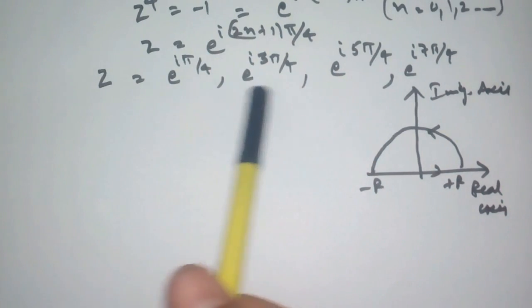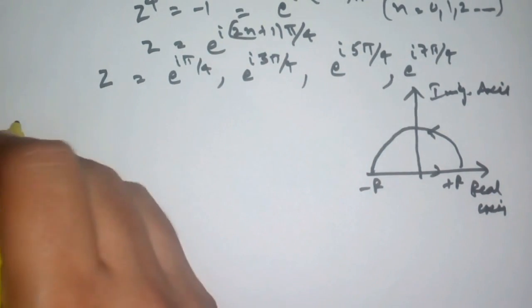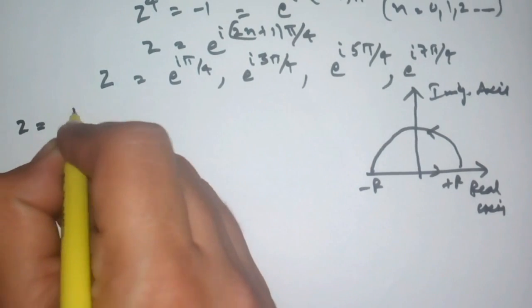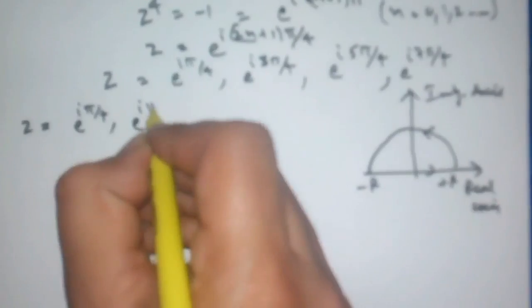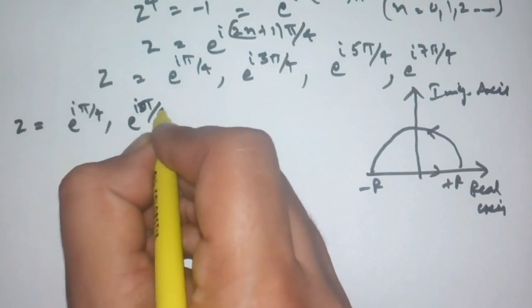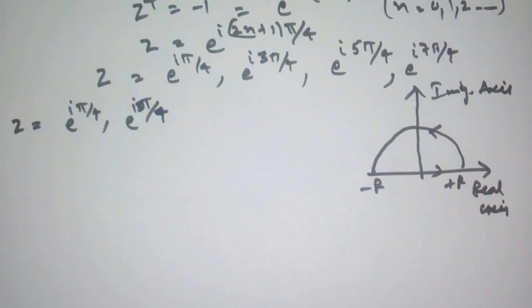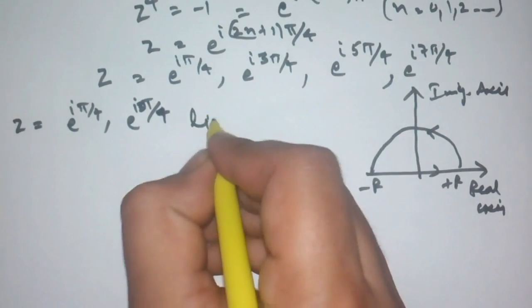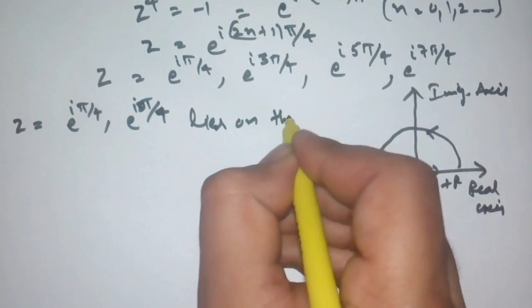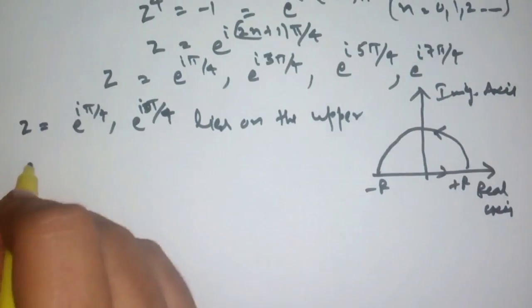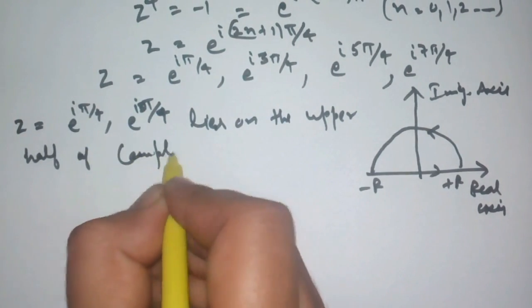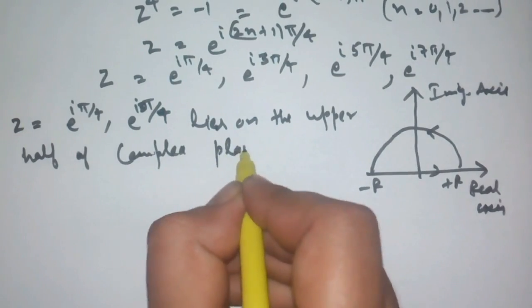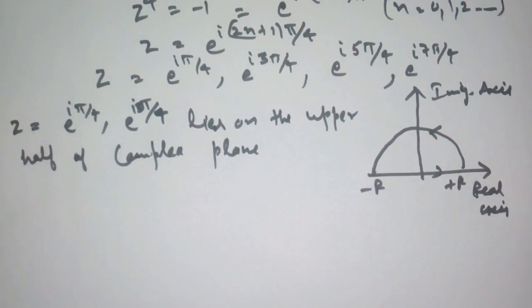So here out of all these values we have z equal to exponential iota pi upon 4 and exponential iota 3 pi upon 4, only those values lie on the upper half of the complex plane. That means we have to find the residue at these 2 points.